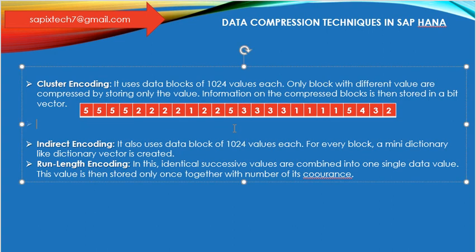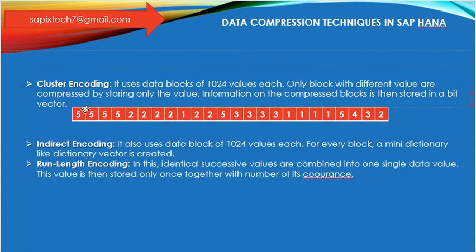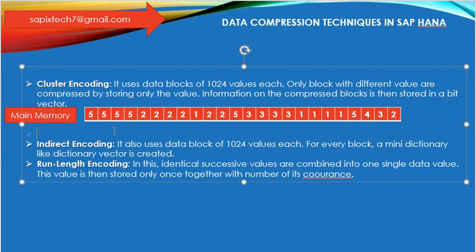In main memory, as I said earlier, we know that data is converted into a column format and then stored in main memory. So this is our main memory.